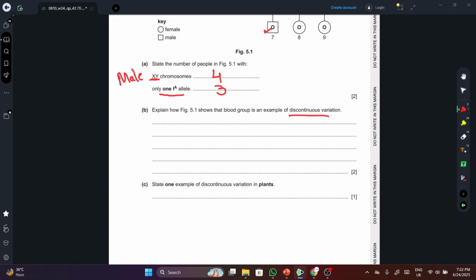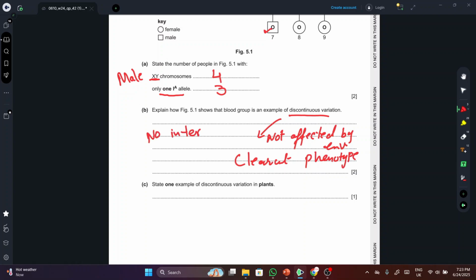So we must be very familiar with the difference of continuous and discontinuous. Discontinuous variations have 2 or 3 main features: they are not affected by environment, so clear-cut, distinct phenotype, and no intermediate range of phenotype.